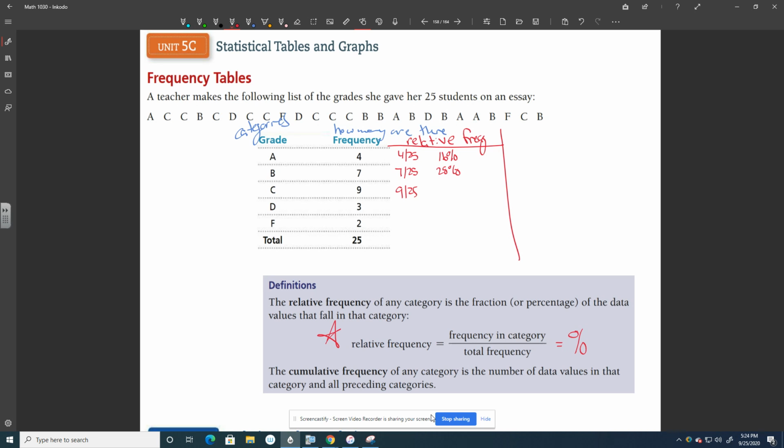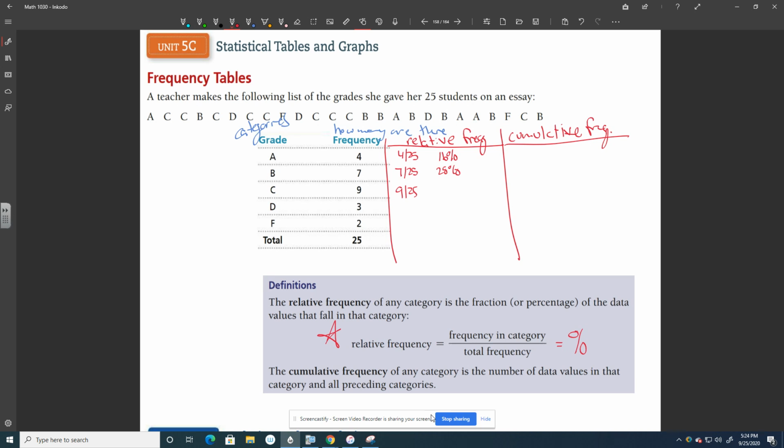There's another frequency, and we're going to bring it up because I see it being used. But the cumulative frequency is just so relative. What the cumulative frequency is, is that category plus all of the other categories before it added together.